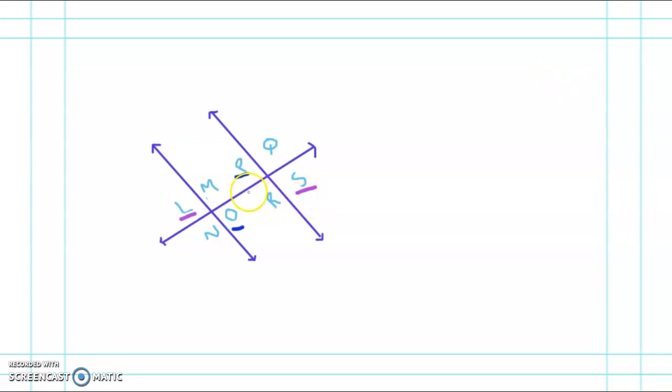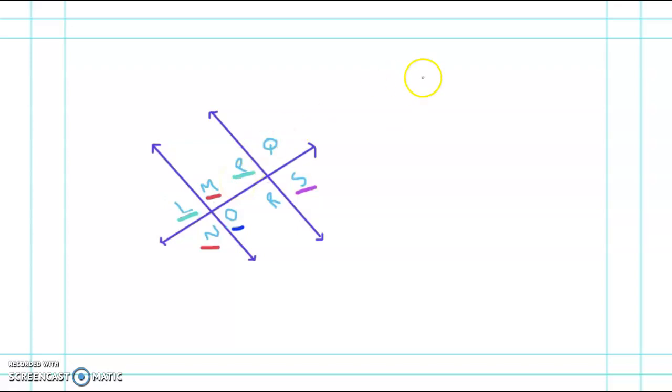An example of vertical angles can be angle M and angle N because they are located vertically from each other. An example of corresponding angles can be angle L and angle P because they are matching on the plane.